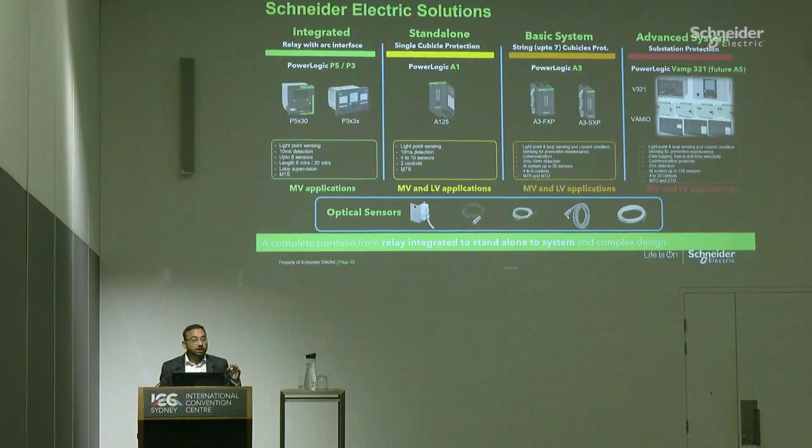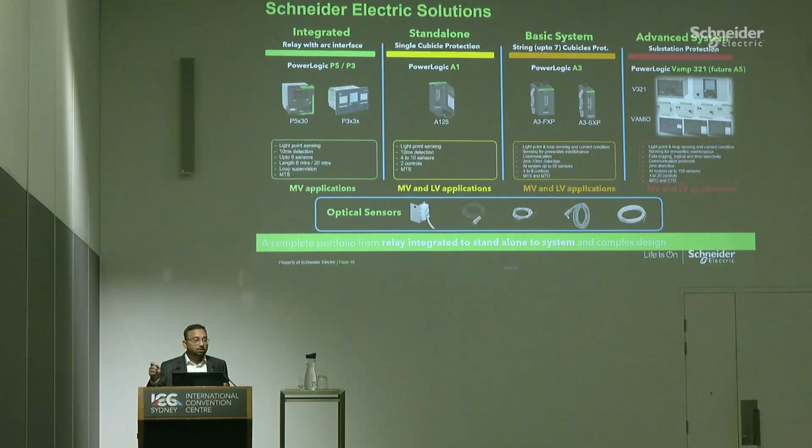It is attached to a compartment or a wall inside a bus bar, inside a cable, inside a circuit breaker compartment, and it can see 270 degrees in front of it if there is a flashover happening.